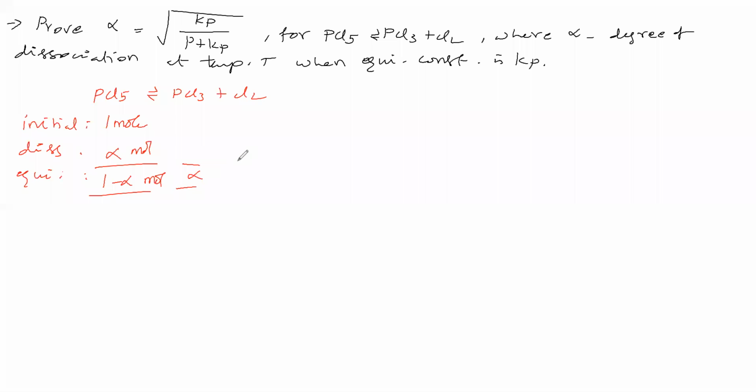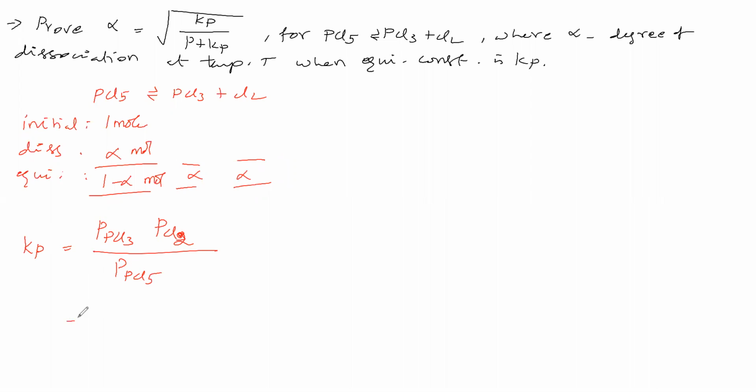PCl3 formed is alpha moles, Cl2 formed is alpha moles. Now we have to find Kp. The Kp relation: Kp is equal to partial pressure of PCl3 times partial pressure of Cl2, the right side terms in the numerator, and the left side term, partial pressure of PCl5, in the denominator.